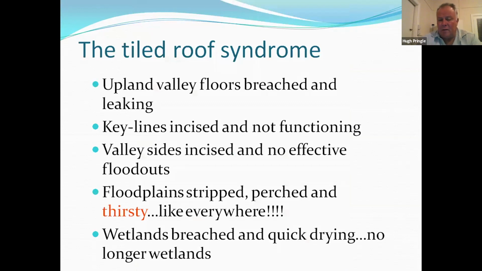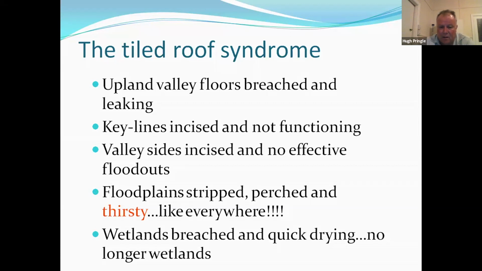So in summary about all the bleak story, upland valley floors are breached and leaking, key lines incised and not functioning, so no distributary flow. Valley sides essentially become like a canal system or a drain system, and floodplains are stripped, perched above the expanded and lower river channels, creek channels, and thirsty, like the whole catchment.